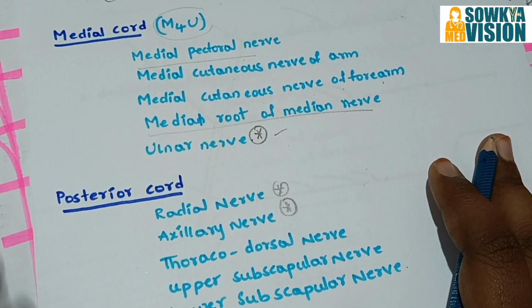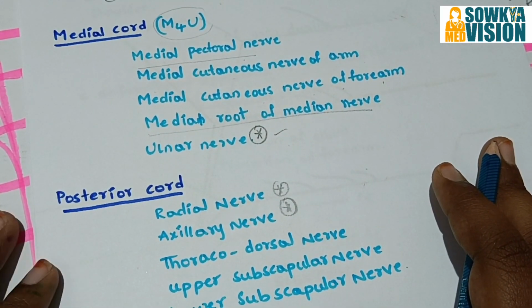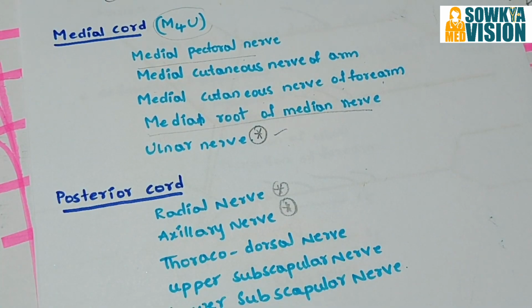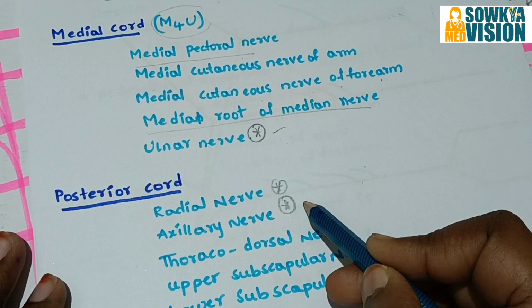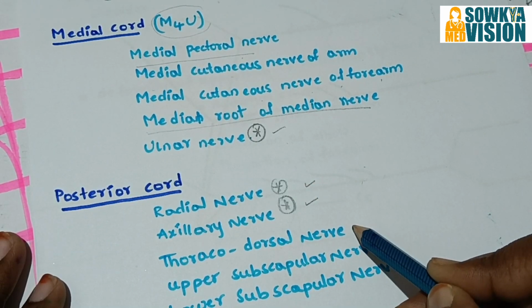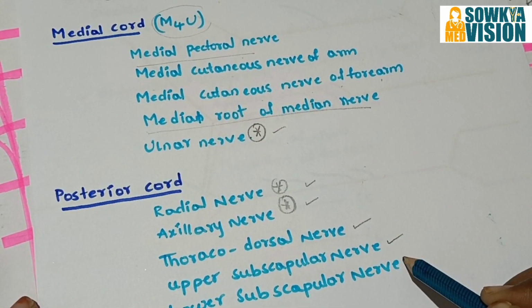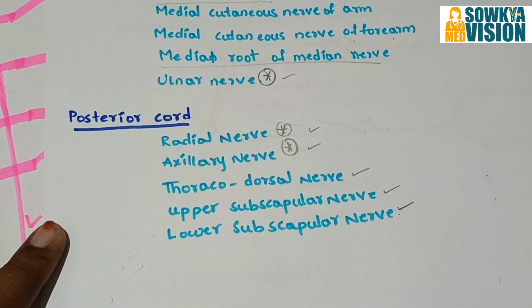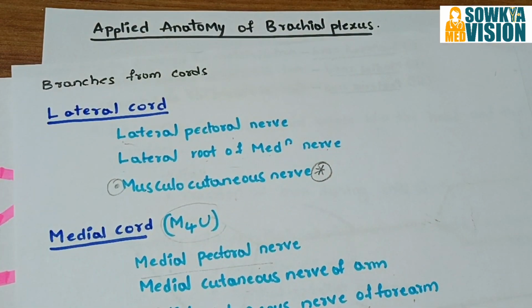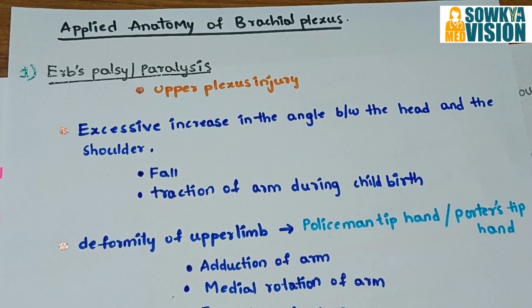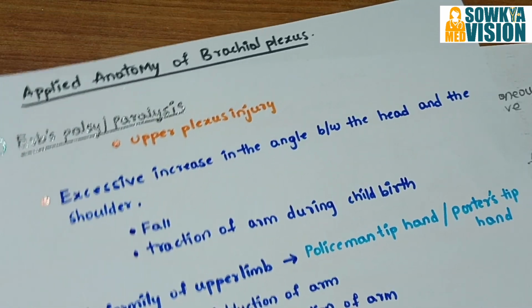Now the branches from posterior cord: radial nerve, axillary nerve, thoracodorsal nerve, upper subscapular nerve, lower subscapular nerve. These are the branches from the cords. Now let's see the applied anatomy of brachial plexus.